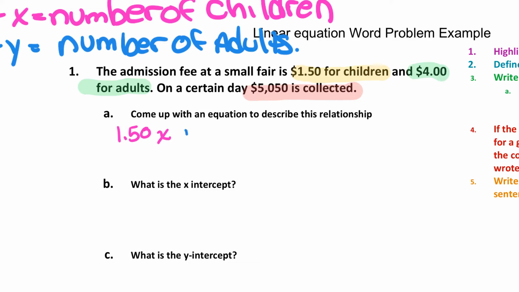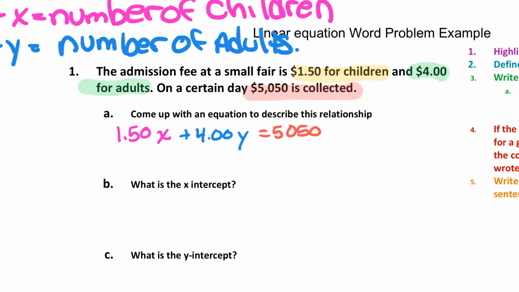Then I'm going to add that to my cost per adult. So some amount of children, each costing $1.50, plus some number of adults, each costing $4 for admission. On a particular day, the total collected was $5,050. So there's my equation.